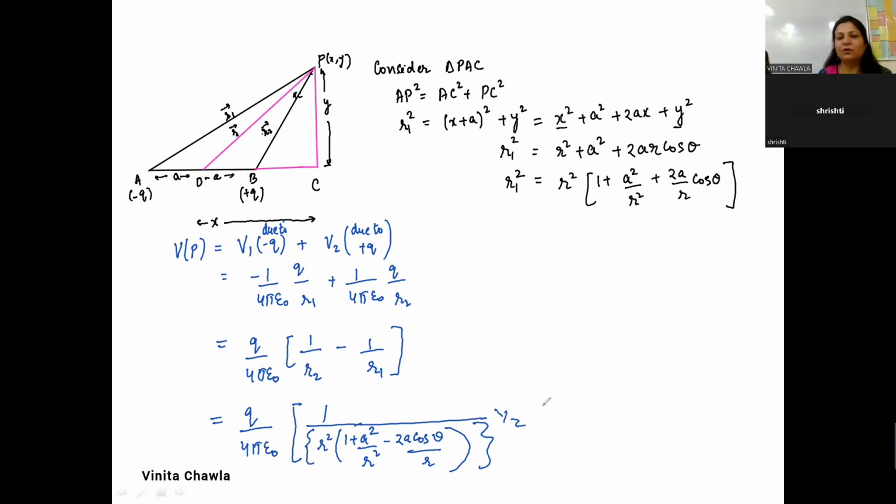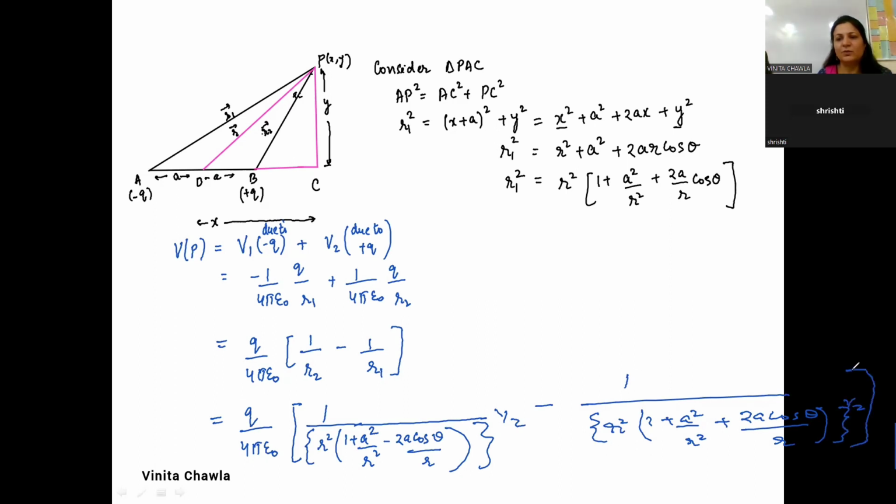In the same way, we can write for R1: 1 upon r square times 1 plus a square by r square plus 2a cos theta by r, bracket close, raised to the power half, and then the square bracket closes.